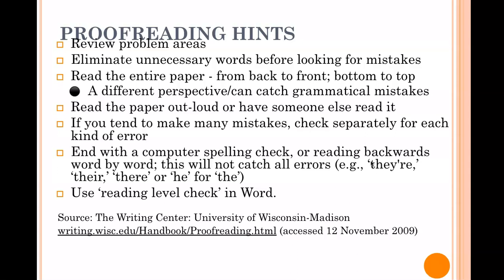And if you tend to make many mistakes, check separately for each kind of error and then try to rectify it. Ending with your computer spelling check or reading backward word by word will not catch the errors. There are many small mistakes that you can find and you can improve. Use reading levels, check in the word processor, and this will help you in tracking the errors.